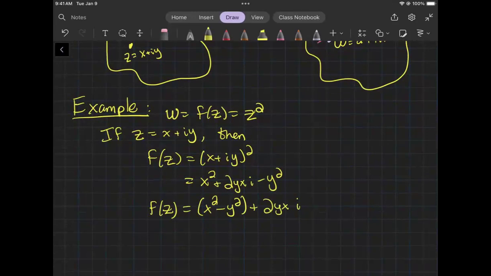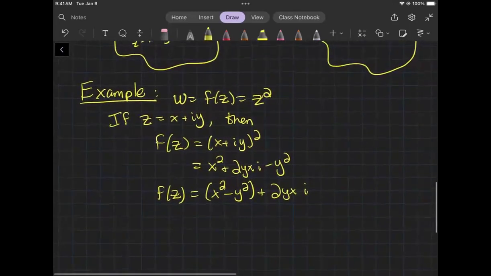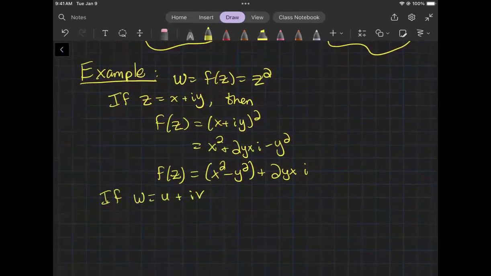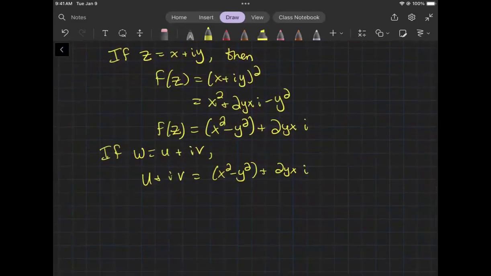That's the imaginary component. So if w equals another complex number, u plus iv in S prime, then u plus iv is equal to x squared minus y squared plus 2yx times i, okay?